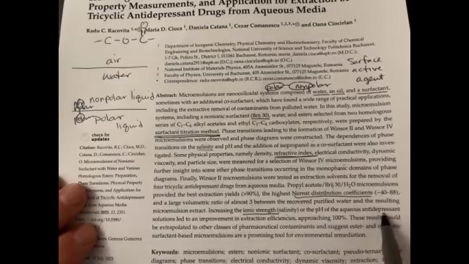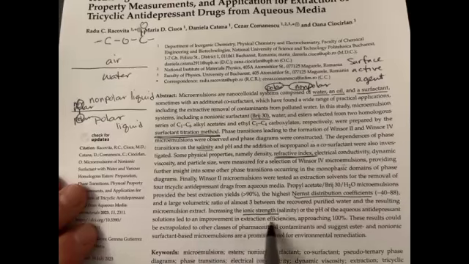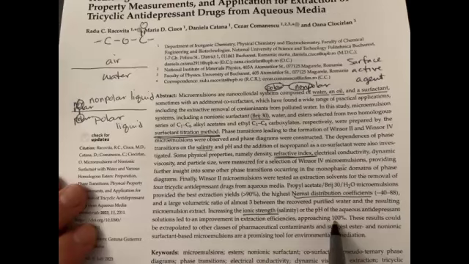Or the pH of the aqueous antidepressant solutions led to an improvement in extraction efficiencies approaching 100%. Nice. These results could be extrapolated to other classes of pharmaceutical contaminants and suggest ester and non-ionic surfactant-based microemulsions are a promising tool for environmental remediation.